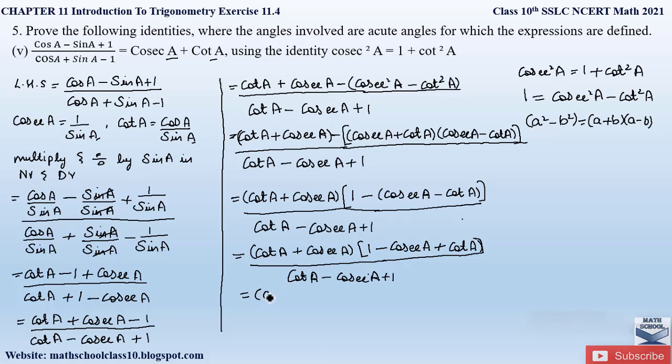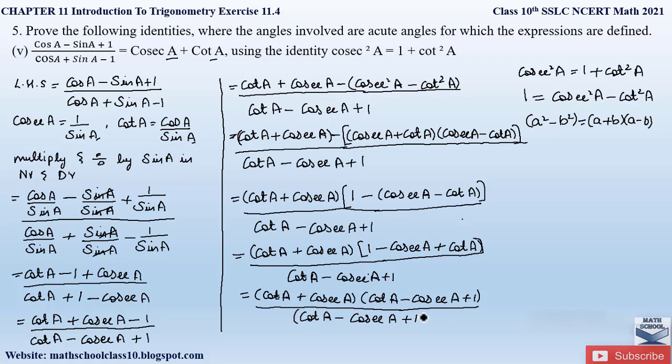So we get cot A plus cosecant A, which is the same. Okay, in this bracket we can write first cot A, then minus cosecant A, then we can write plus 1, right, divided by cot A minus cosecant A plus 1.